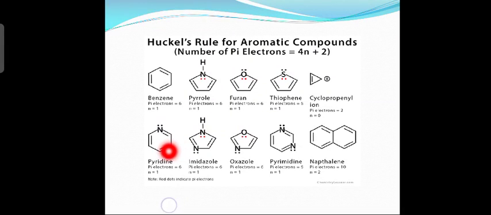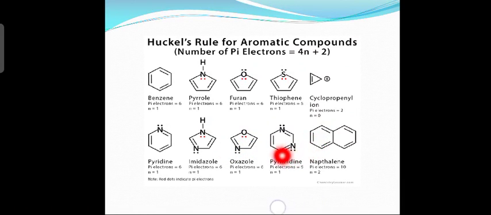Pyridine contains 6 pi electrons, n equal to 1. You can see 3 double bonds here, so 3 into 2 is 6. Similarly imidazole has 6 pi electrons: 2 plus 2 is 4, plus the lone pair, 6. Oxazole also has 6: 2 pi bonds, 2 into 2 is 4, and 1 lone pair makes 6.